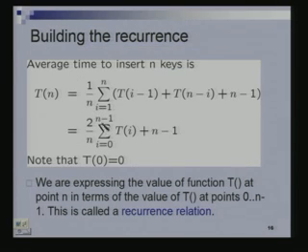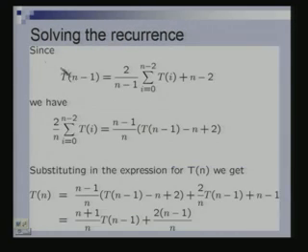So, T of n, what did we say here? T of n is 2 over n times the sum of the previous T's plus n minus 1, right. So, I can write T of n minus 1 is 2 over n minus 1 times the sum of the previous T's plus n minus 2, right. I just replace the n by n minus 1, and so I can just rearrange this. So, this quantity, or 2 over n times this sum, equals what?